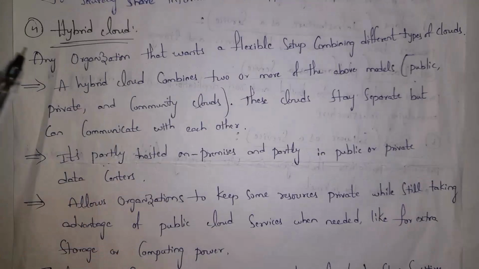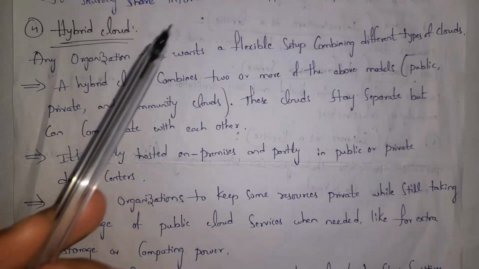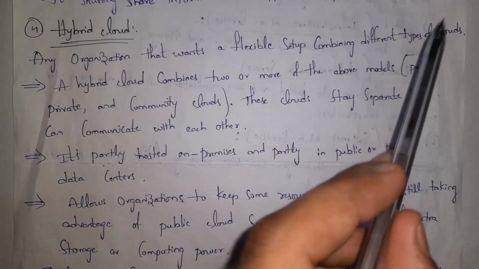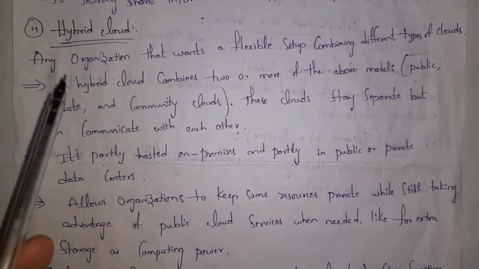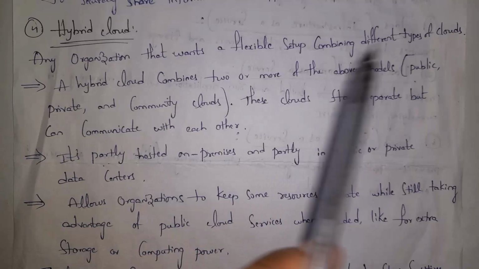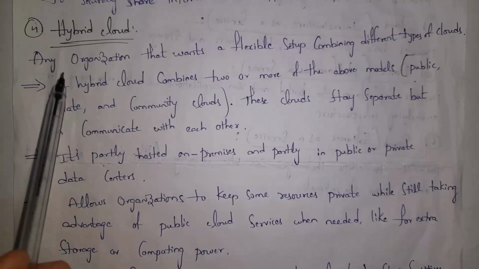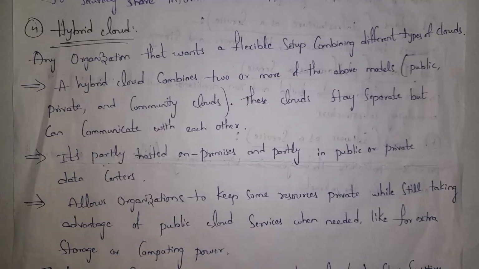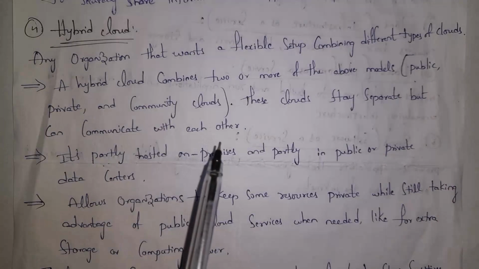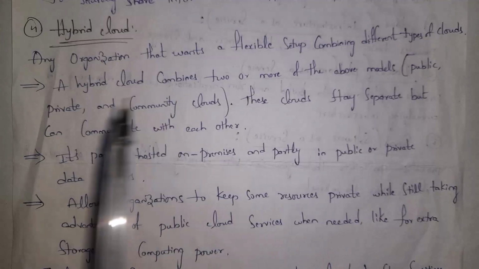Any organization that wants a flexible setup combining different types of clouds can use it. A hybrid cloud combines two or more of the above models: public, private or community clouds. These clouds are separate, but they can communicate with each other.